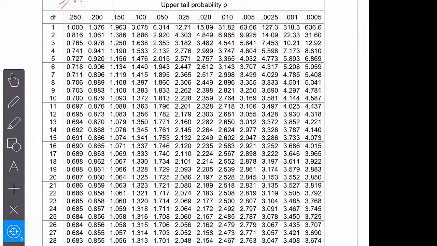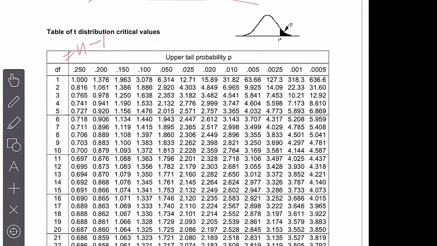So what you're doing is you're moving over the numbers in the chart, more in the extremes as you go this direction.